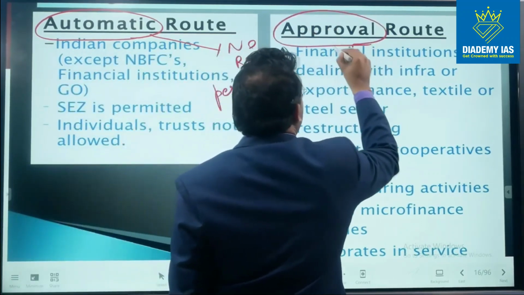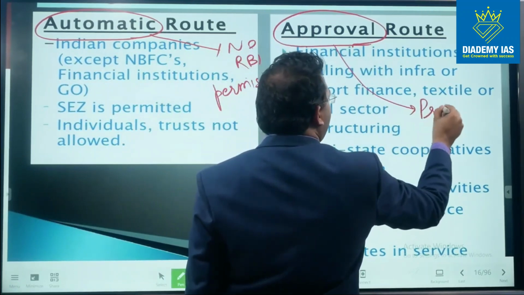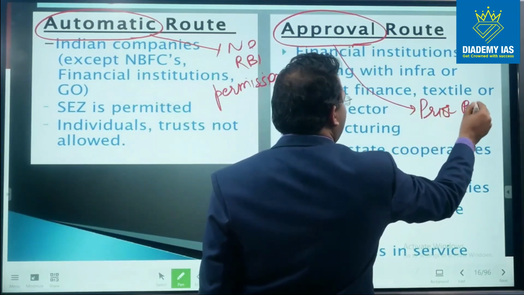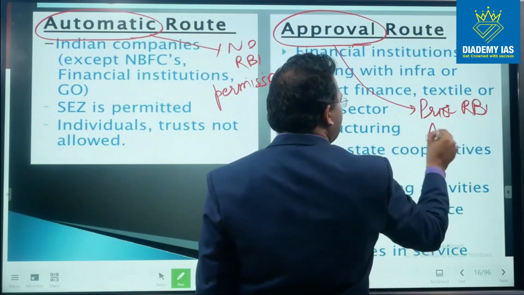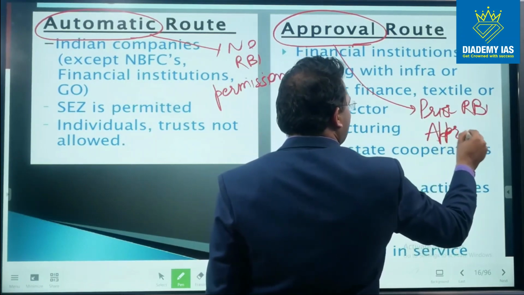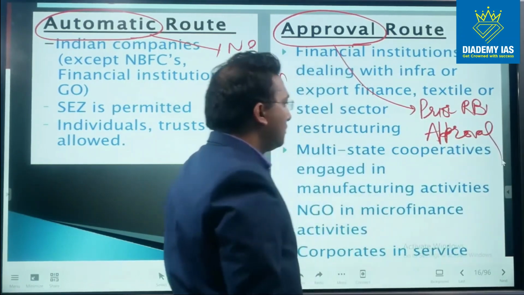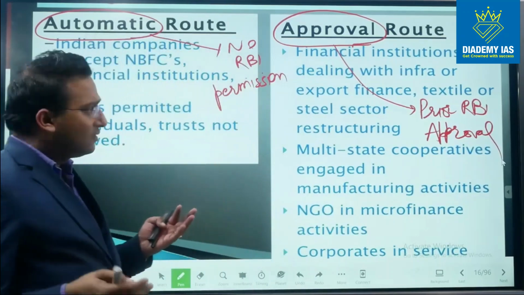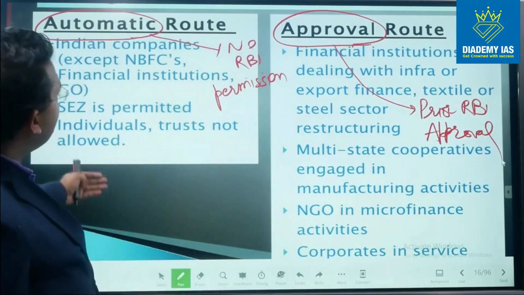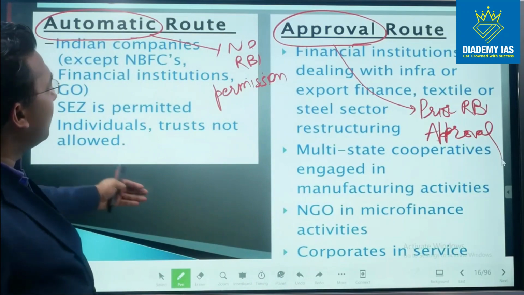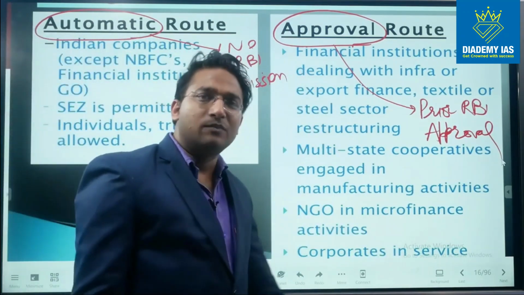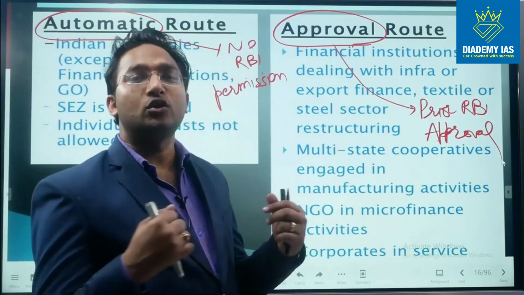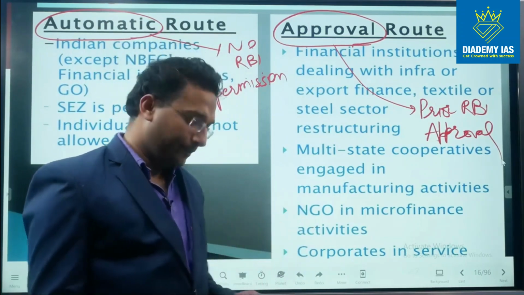That means the prior approval of the RBI is required. Prior RBI approval. This is the only difference. Then who is eligible in the automatic route and who is eligible in the approval route, you do not need to remember all these names.